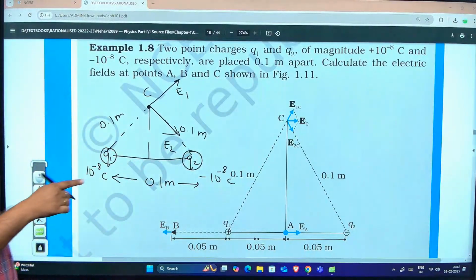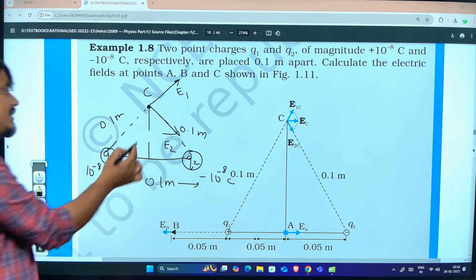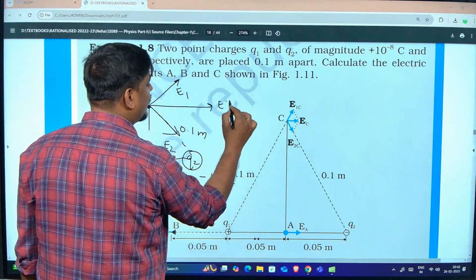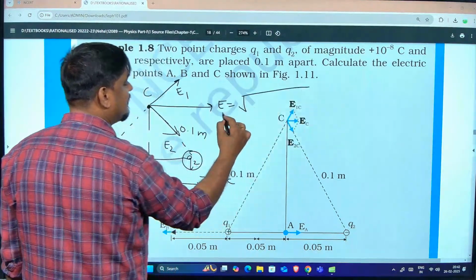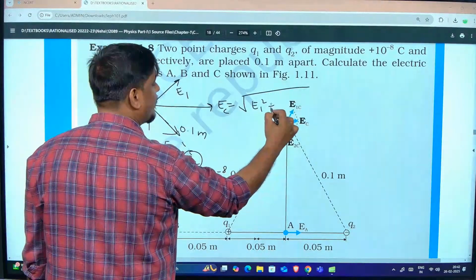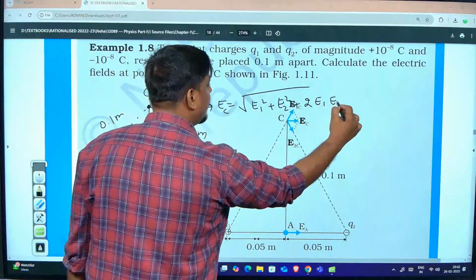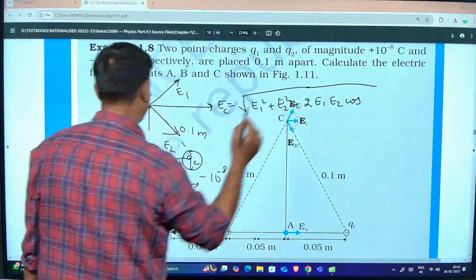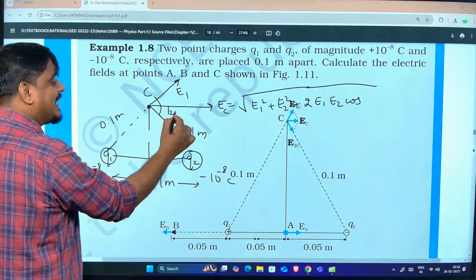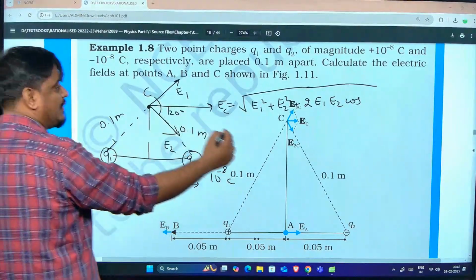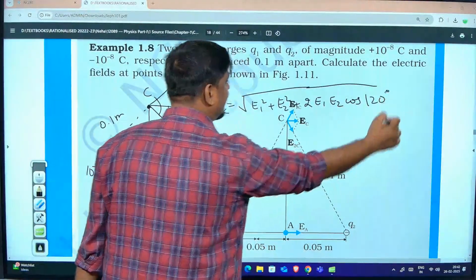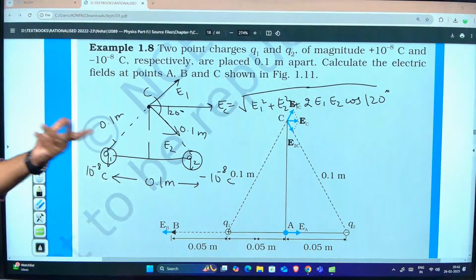Since they are vector quantities having a separation between them, E resultant at C will become equal to root over E1 square plus E2 square plus 2 E1 E2 cos how much? 120. Why did 120 come? Because the angle is 60, it becomes cos 120 degree, which is minus 1 by 2.